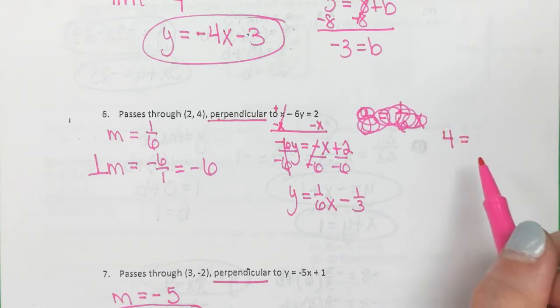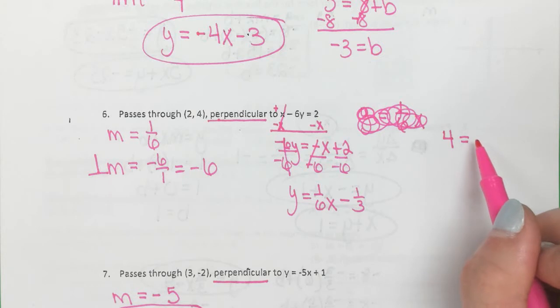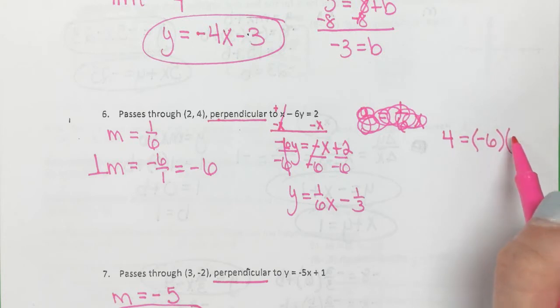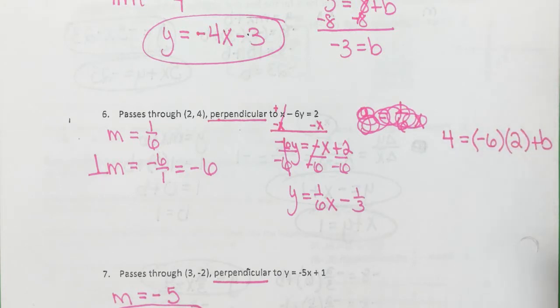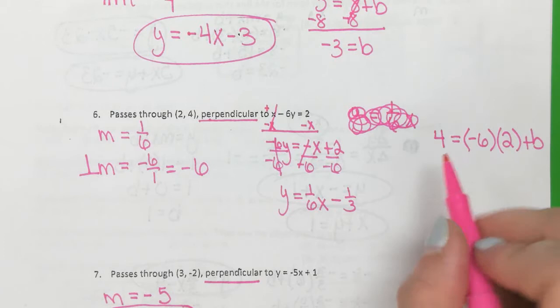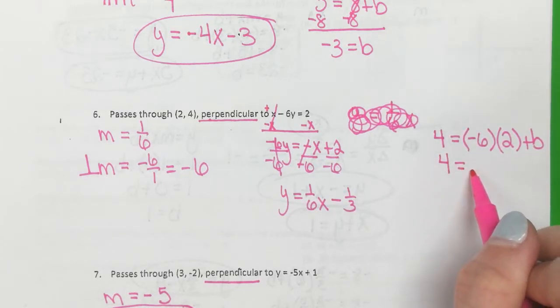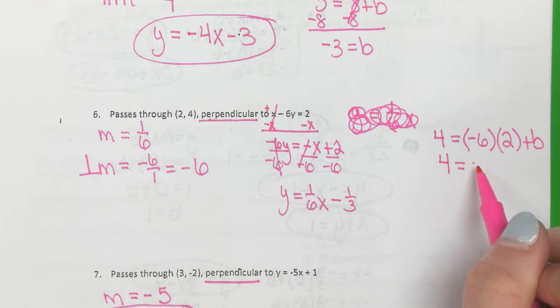Come on, guys. What's the slope? Negative 6. What's the x? Plus b. Now what can you do? Negative 6 times 2, which would be -12.